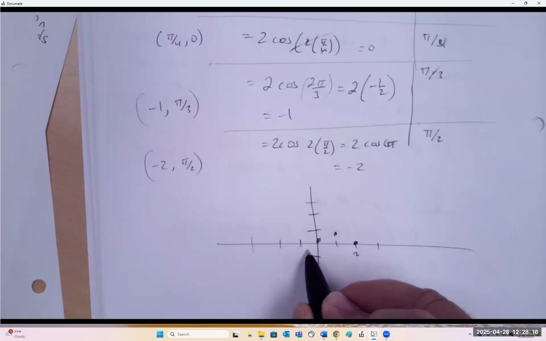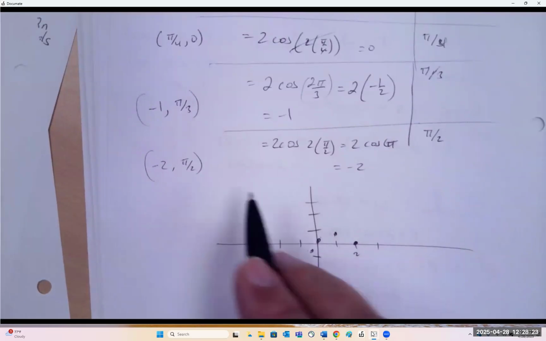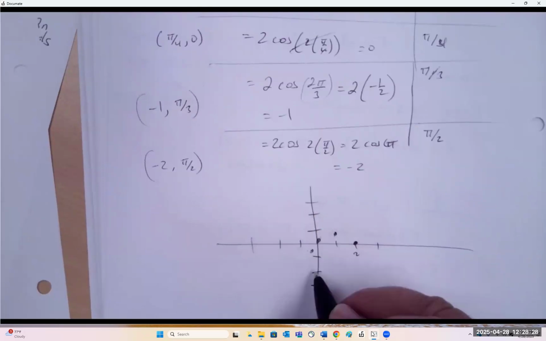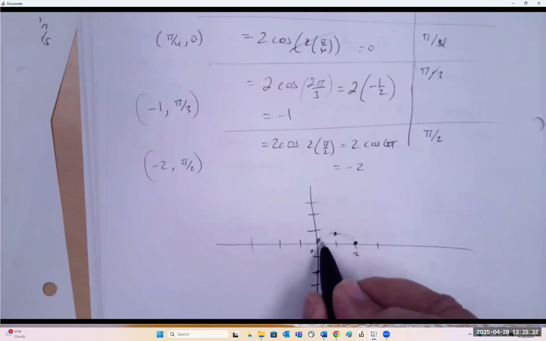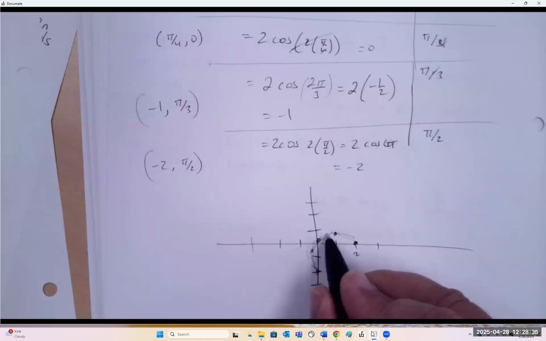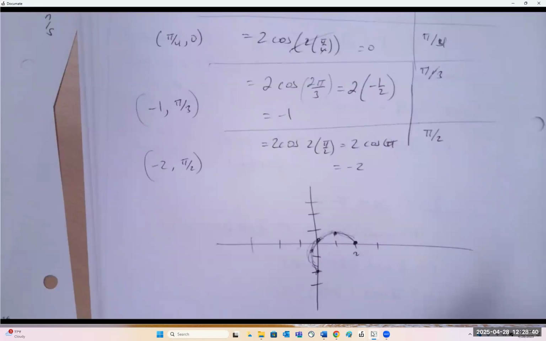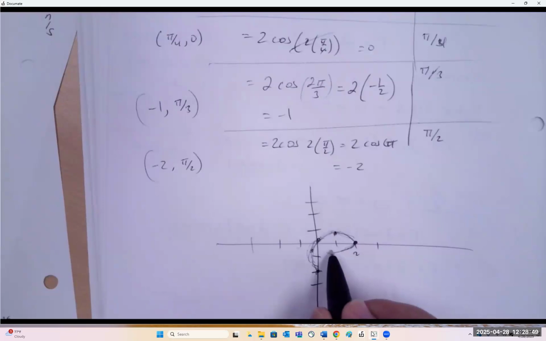And negative 2 at pi over 2. Okay, so it's got to flip around here.